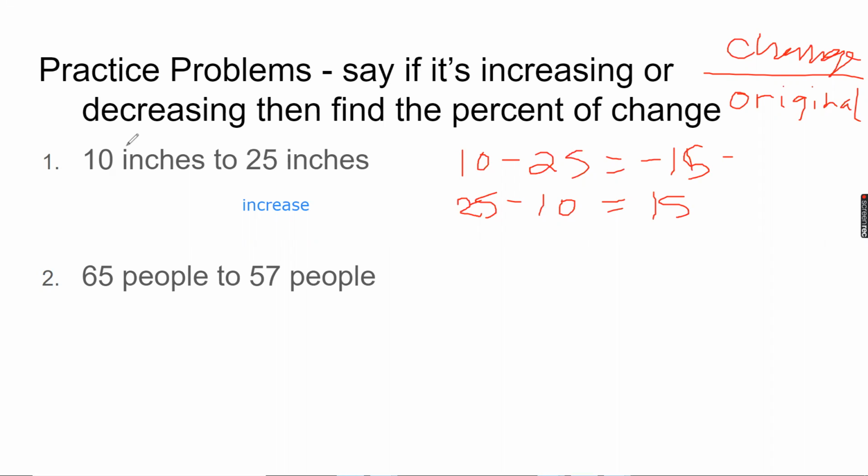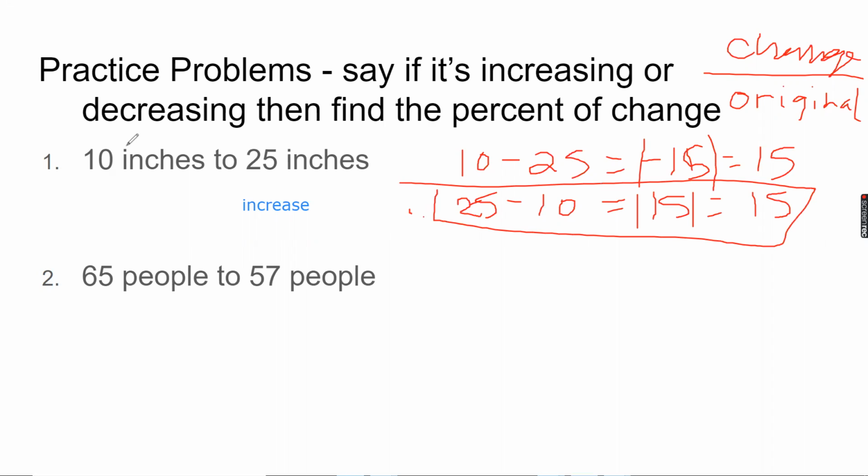And so that means that both of these answers are going to end up equaling 15. And so it doesn't matter which way you subtract them. I think it's a lot easier to take the bigger number minus the smaller number because then you don't have to deal with negatives. But if you forget and you do 10 minus 25, that's totally fine as well because you're still going to end up with the same answer as if you did 25 minus 10.